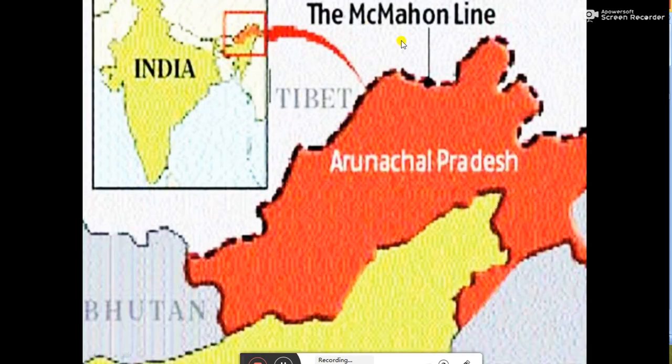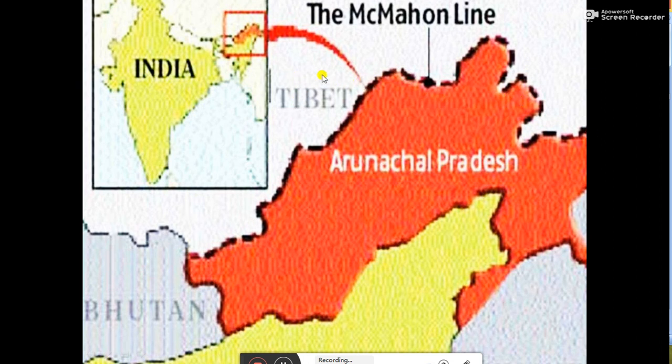I present this map to show the McMahon line. This line is the McMahon line. This line starts from Bhutan and goes through the lower Brahmaputra valley.